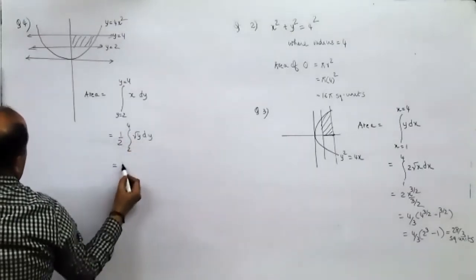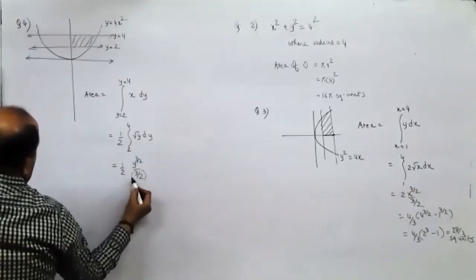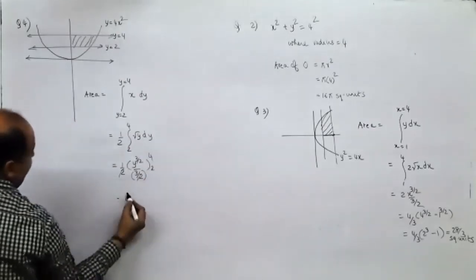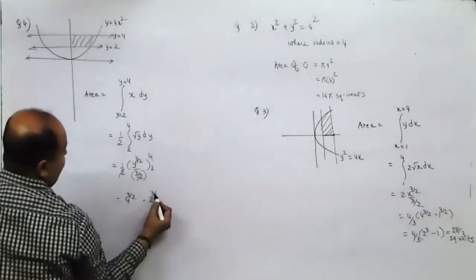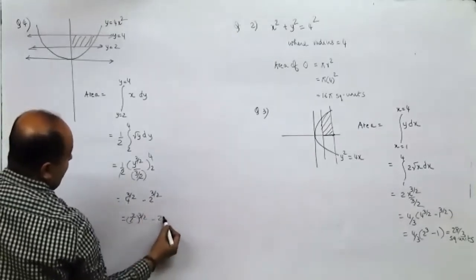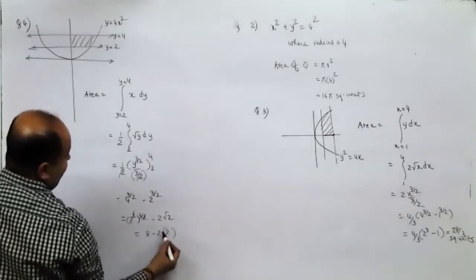Now therefore this would be half. This would be y raised to 3 by 2 upon 3 by 2. 2 and 2 gets cancelled between 2 and 4. So this is 4 raised to 3 by 2 minus 2 raised to 3 by 2. Now this is 2 square raised to 3 by 2 minus 2 root 2. So this gets cancelled. This is 8 minus 2 root 2. Don't write it as 6 root 2.